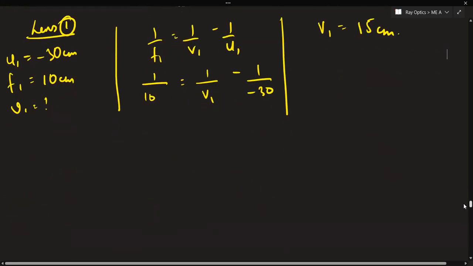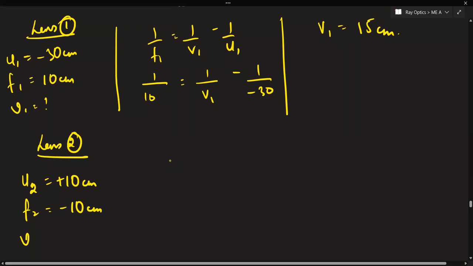See, this question's calculations are not very lengthy. This is the simple lens formula. Fine. And then u2 will be plus 10 centimeter. Focal length is minus 10 centimeter. Let's find out the final image for this one.